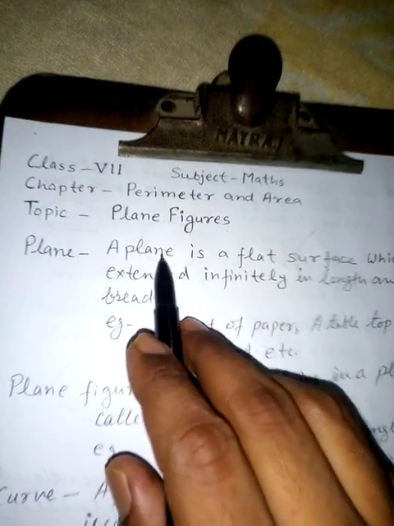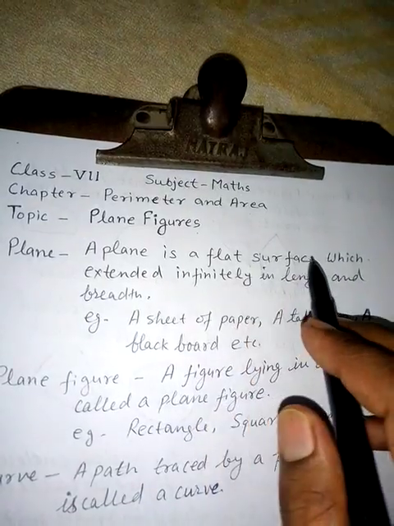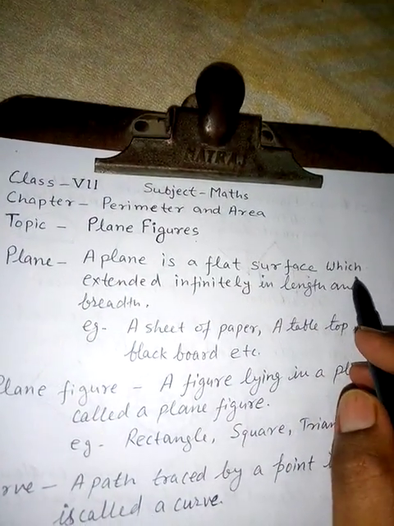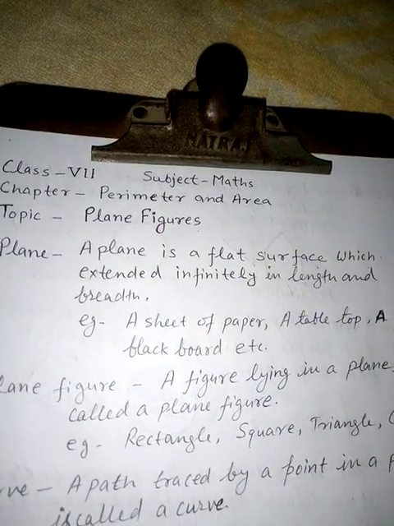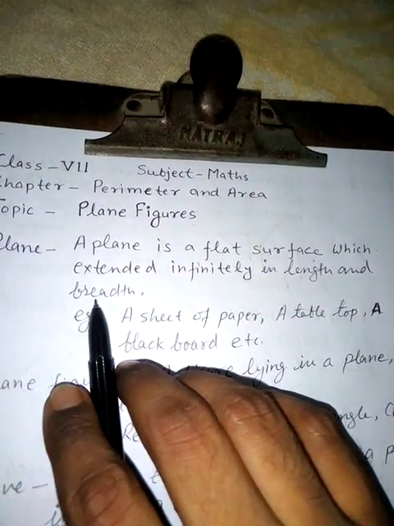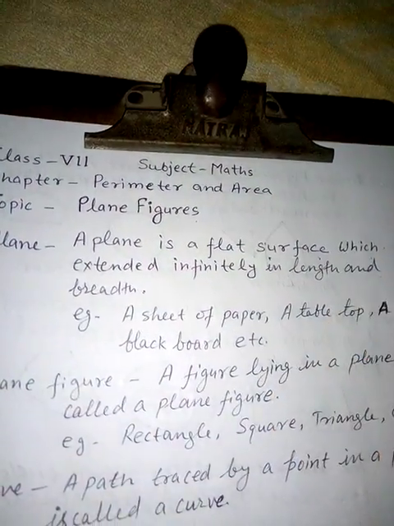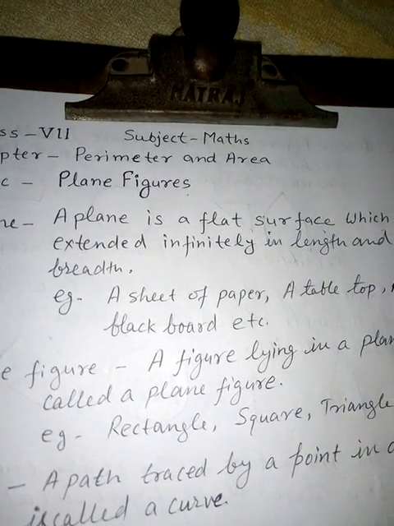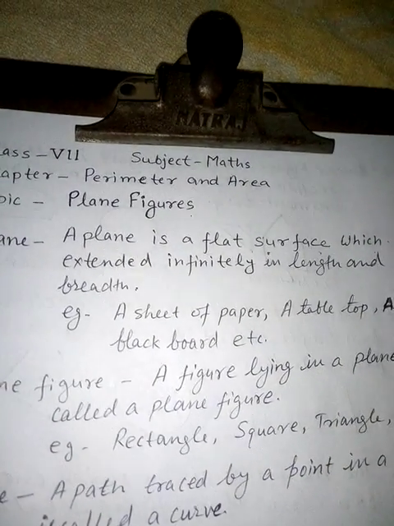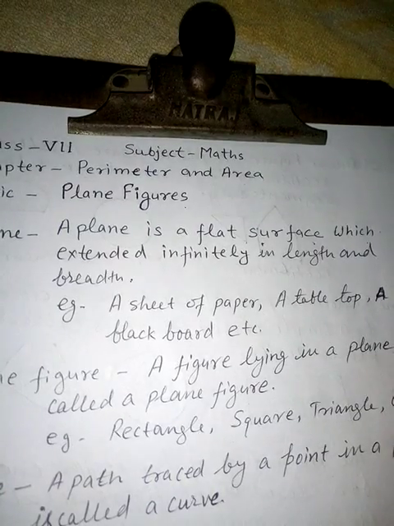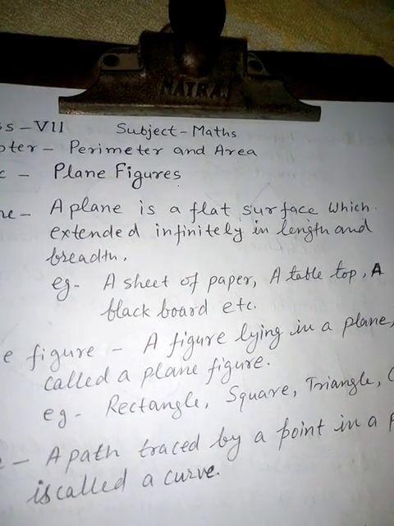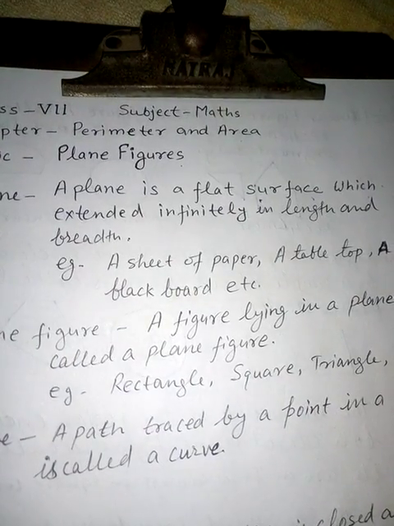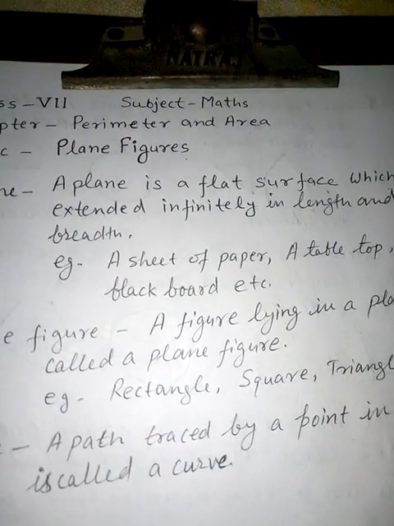A plane is a flat surface which extends infinitely in length and breadth. It means a plane is a flat surface which has two dimensions, that is length and breadth, and it is extended infinitely in all directions.